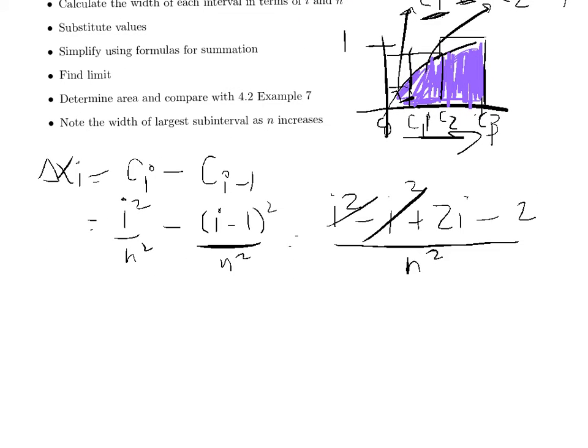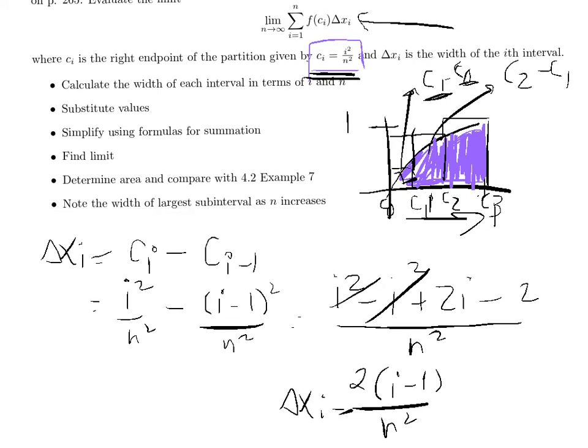The i squared cancels, and we're left with 2i minus 1 over n squared as our delta x sub i. Whereas before we had a simple delta x that did not depend on i, now delta x does depend on i, so that's going to come into play when we're doing our sum.